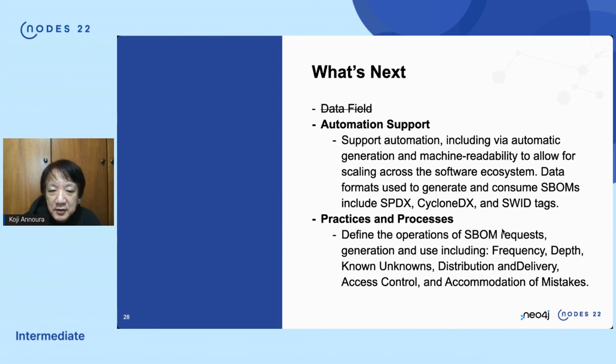Second is practices and processes. It's really important to support automation, daily or weekly, I don't know. It's automation from a server to Neo4j.